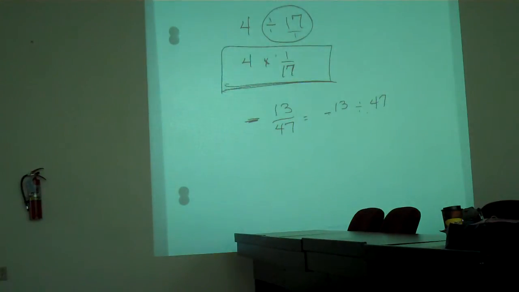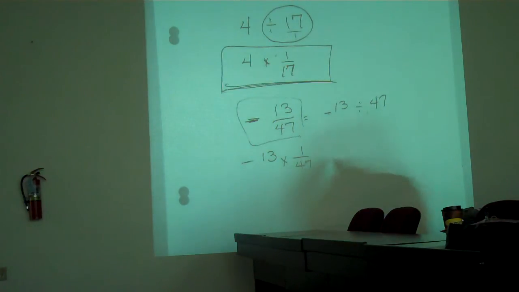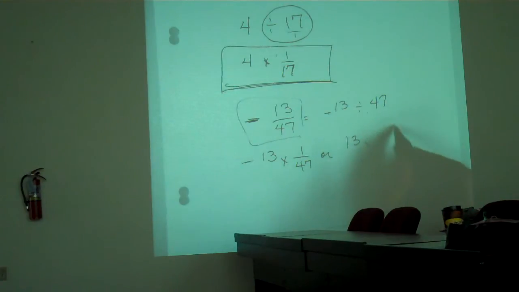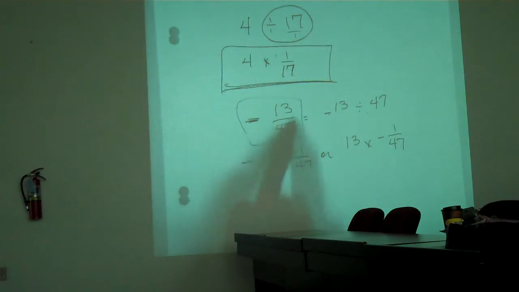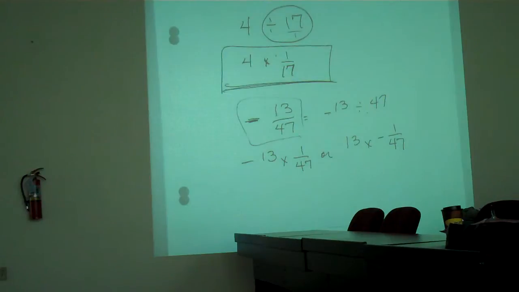So it'd be negative 13 times 1 over 47. The answer actually gives 2 ways, or you put the negative with this part. Okay? Either way. So it looked like an answer, but it wants you to rewrite it as a multiplication. So that's what you do with 39. You have to flip the second part over.